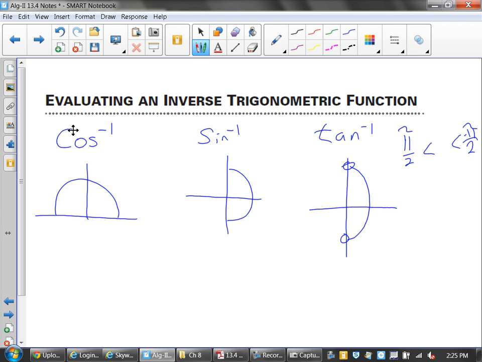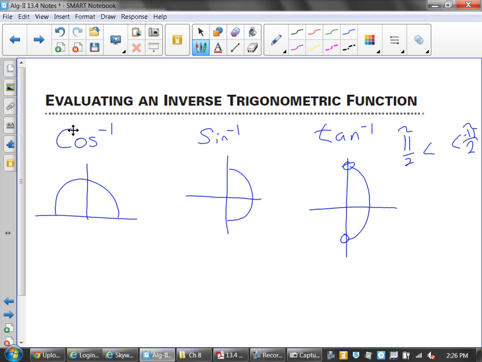Sine, if I went from first to second, it just all stays positive. It just repeats itself. I don't want that. That's why I'm saying from 90 degrees to negative 90 degrees, that's my sine value. Same thing with the tangent. Tangent goes positive to negative in first and second quadrant, but tangent doesn't exist at pi over 2, that's why they make it bound going into first and fourth quadrant.